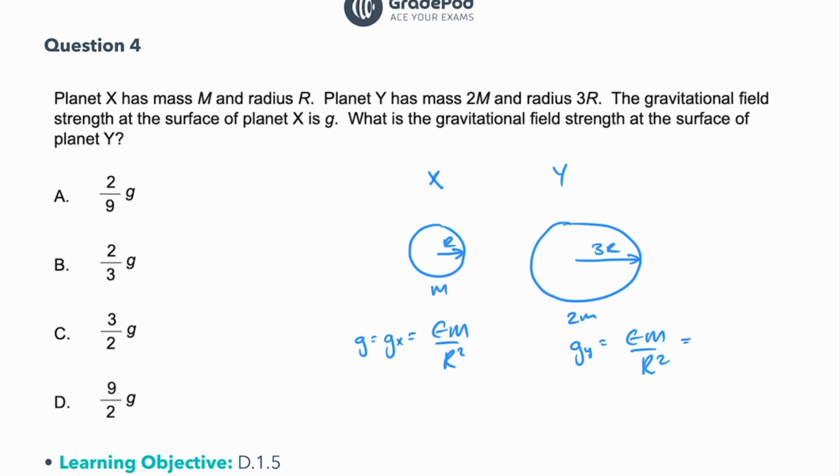But for Y, we're looking at 2 times the mass. So G 2m, and the radius is 3 times the radius, all squared. So we've got 2 over 9 GM over r squared. GM over r squared, of course, is g. So our answer is g_Y equals 2 over 9 g. And the answer is A.